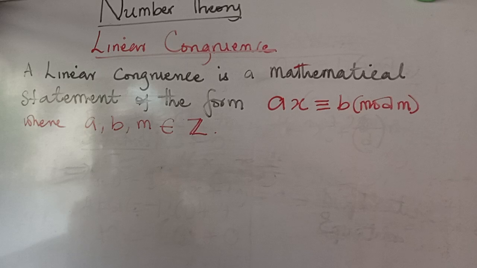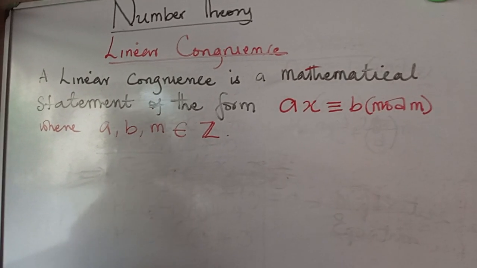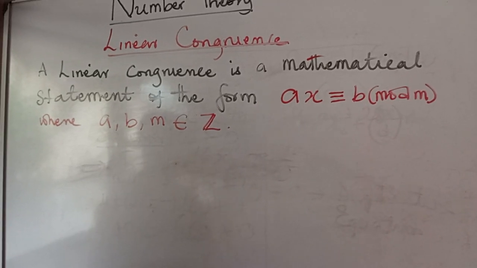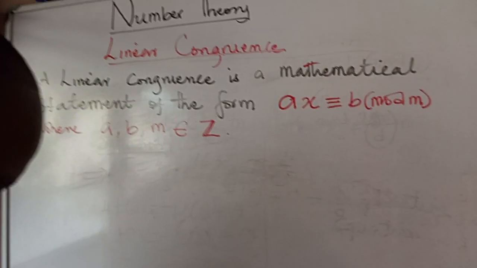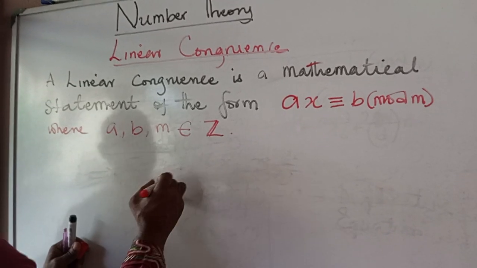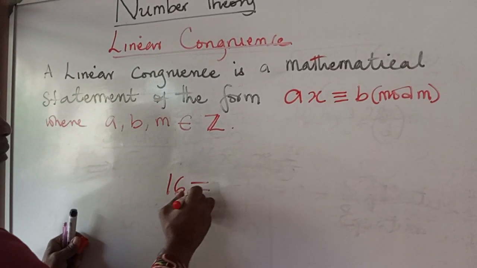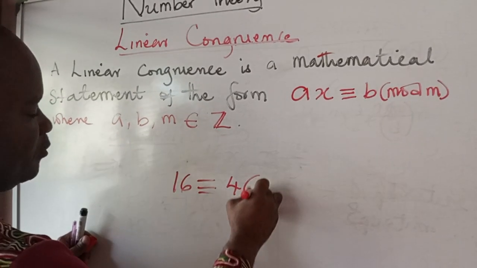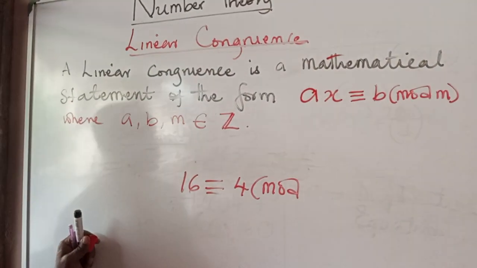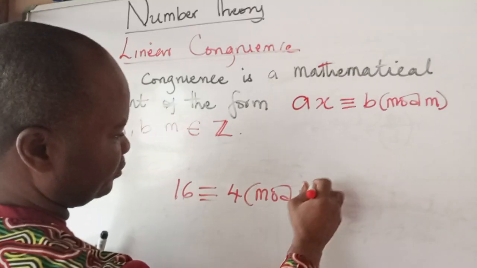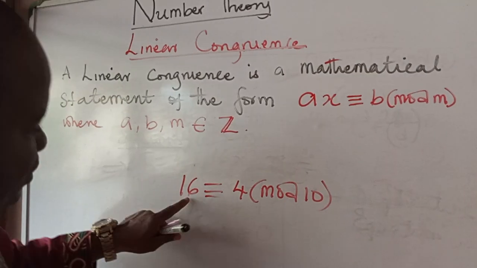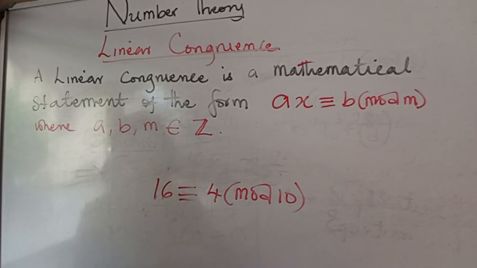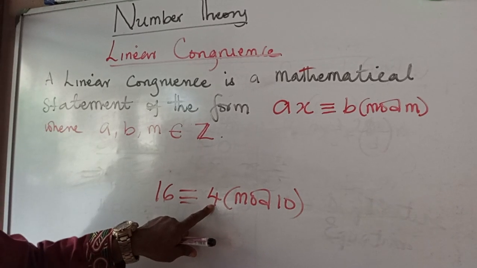There is something else I need to explain here. For us to have solutions to a linear congruence, we need to find out how many solutions we can have. Suppose we have a congruence, let's say 16x is congruent to 4 mod 10. We observe that 16 and 10 have a GCD of 2, and 2 divides 4 two times.